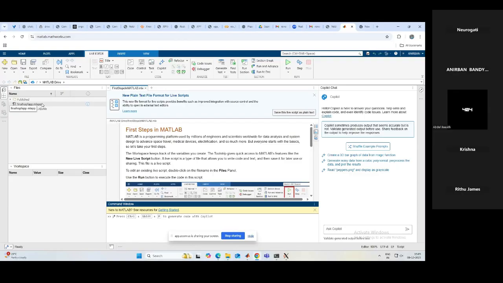Okay, I think I sent you guys this file. It should be there in the drive. Have you got it? No, sir. Can you share the link or something? I'm completely lost where it is.